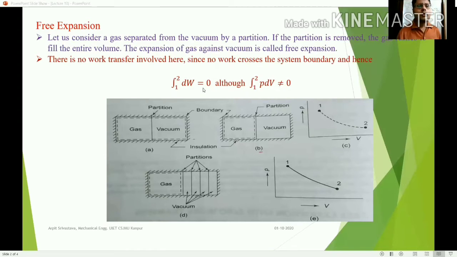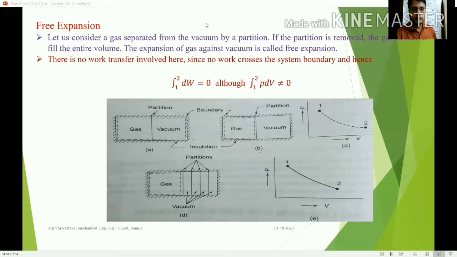And another thing which makes it 0 is that there is nothing here present to produce resistance against the expansion of the gas. That's why the work is 0. This is another reason for the work being 0. Another important point is what happens if we try to expand this gas with a separate partition.